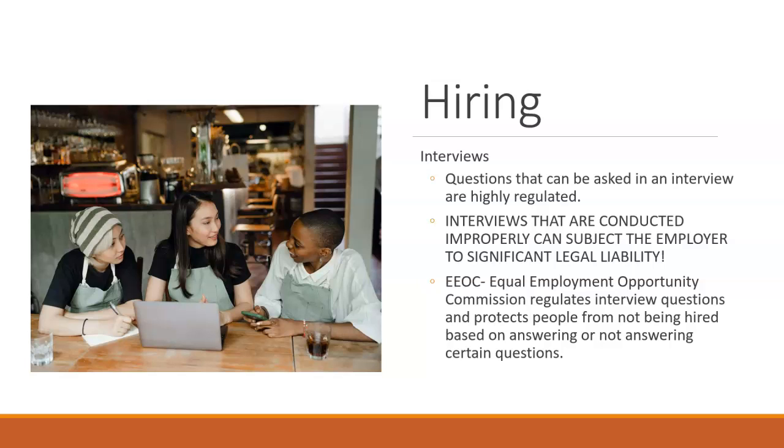During the hiring process, questions are heavily regulated. The EEOC, if you go on their website, has an amazing list of can and cannot do things during interview processes. This is something that has to be adhered to. Even if you don't know about this, if you are sitting down or sending somebody to sit down with a potential candidate, this needs to be reviewed before they do so.